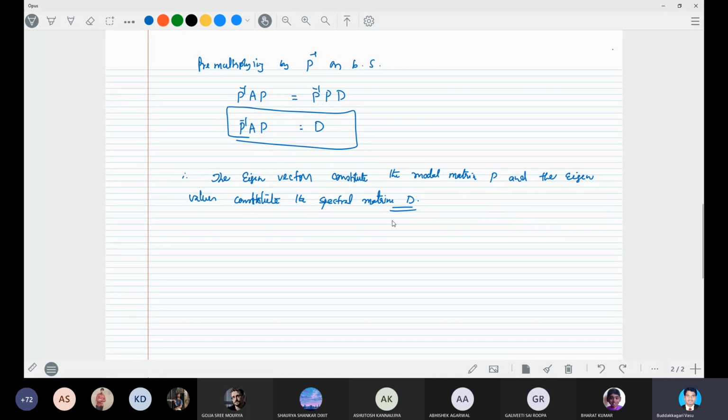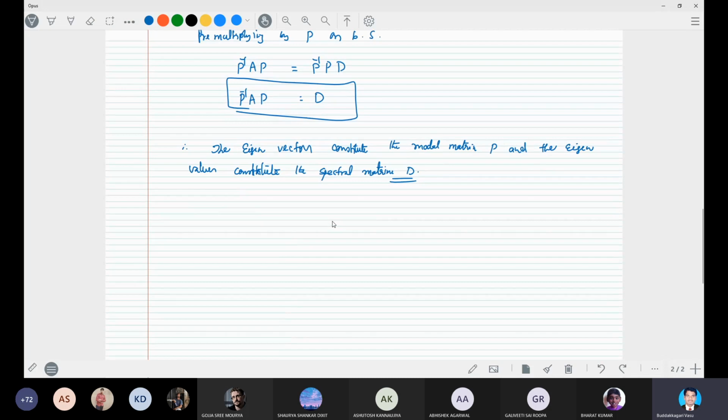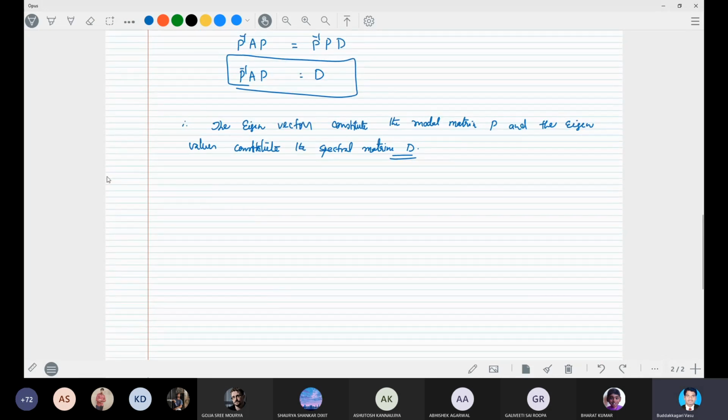Now how does this diagonalization help to find the power of the matrix? So here, calculation of powers of a matrix.